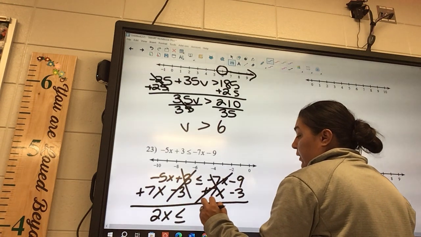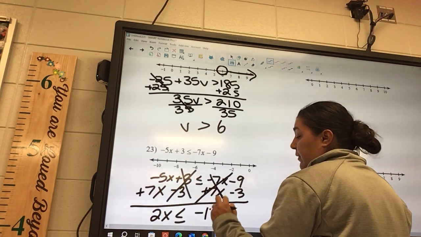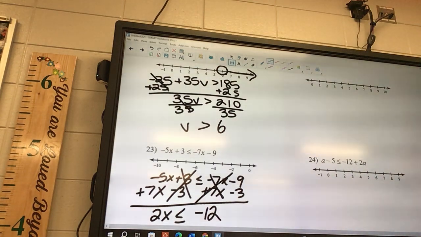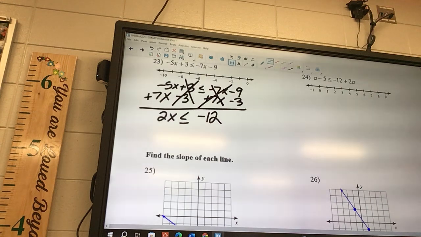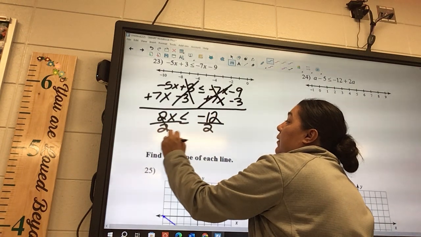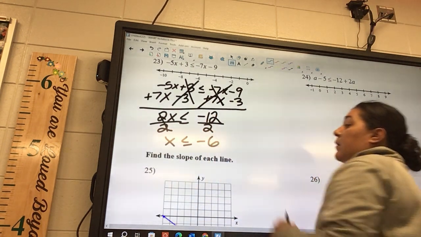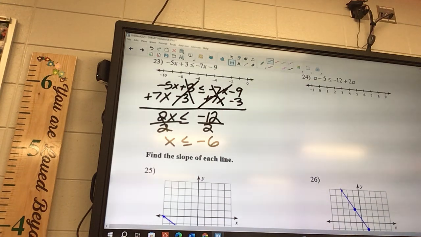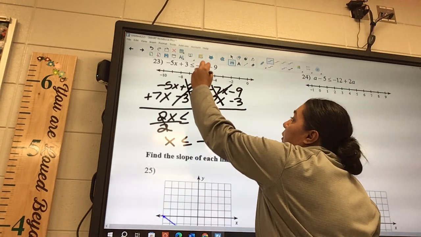And then 9 and a third 3 is gonna be a -12. And then we're gonna divide by 2 on both sides. Okay, on the 6, it's gonna be closed, and it says x is smaller than, so we're gonna go to the left.